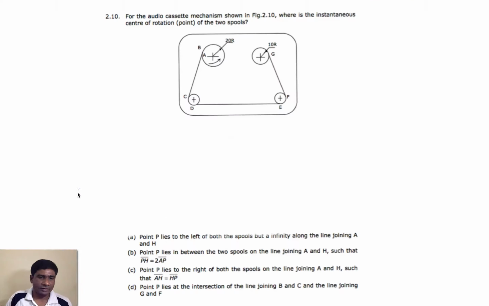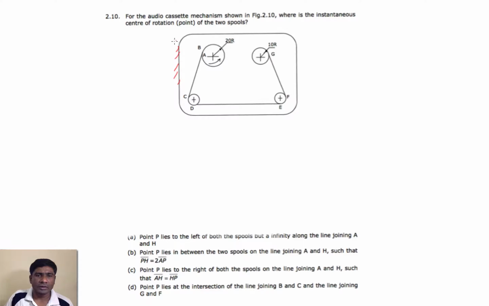This is our next one, and it's a very famous question. We have a cassette here. So in the cassette, these two spools are rotating, so that the tape will wind on these spools. So first of all, let me identify how many links there are in this one.